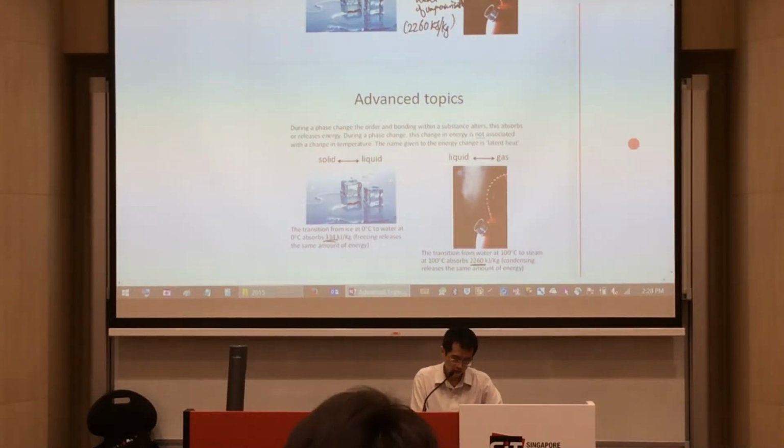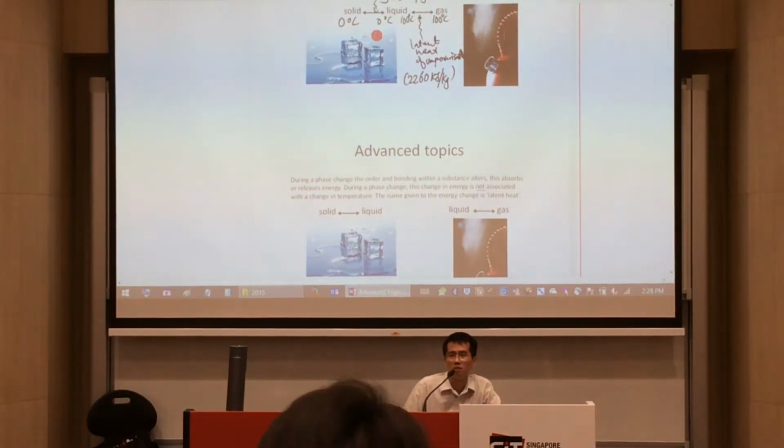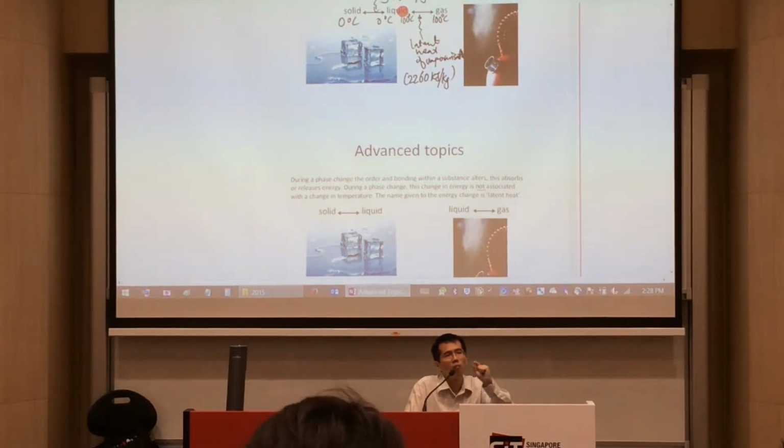Now, you would have seen just now that this arrow is not indicated in just one direction. That means not only from solid to liquid to gas. It can go the other way around as well. So if it's going the other way around, from gaseous to liquid, then at 100 degrees Celsius, that steam condensing into liquid, how much energy would need to be removed from that 100 degrees Celsius steam?